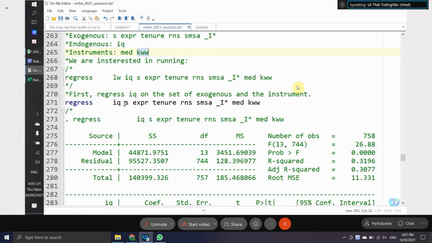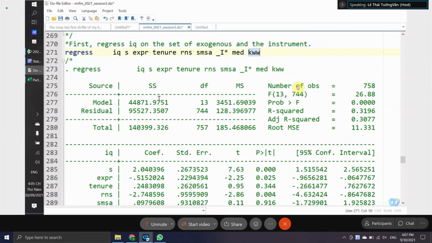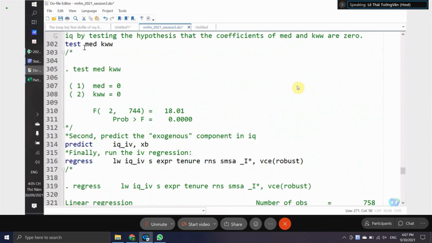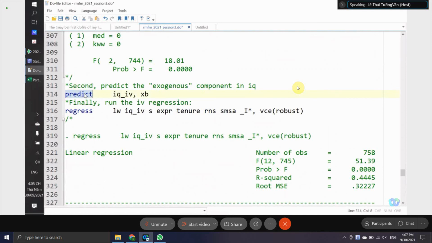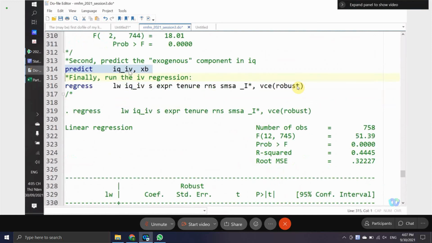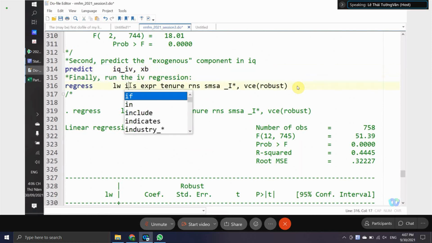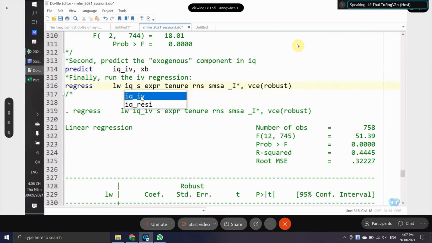The first step is to regress the endogenous variable on the set of exogenous variables and the instruments. Then you predict the value, the predicted IQ. Instead of having IQ here, you replace it by the predicted value.